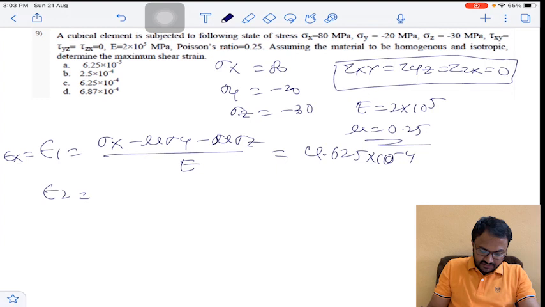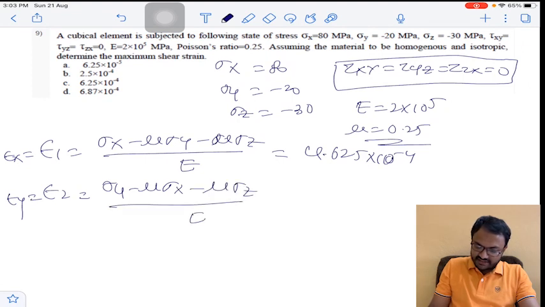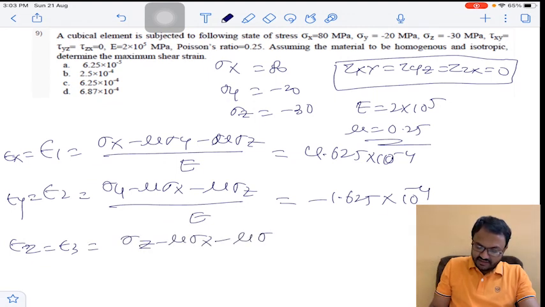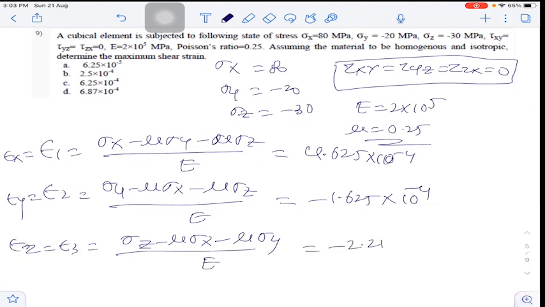And E2, that is equal to Ey, is sigma y minus mu sigma x minus mu sigma z, divided by E, which is equal to minus 1.625 into 10 power minus 4. And E3 or Ez is equal to sigma z minus mu sigma x minus mu sigma y, divided by E. So that is equal to minus 2.25 into 10 power minus 4.